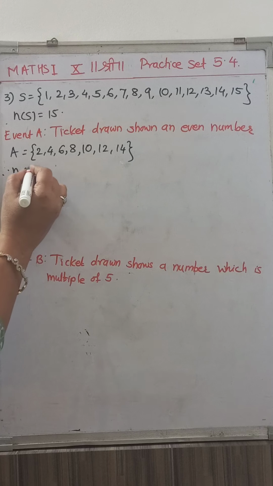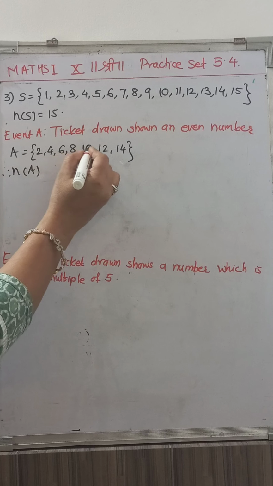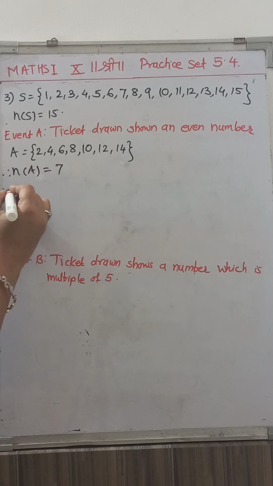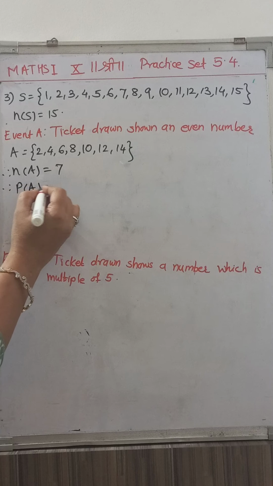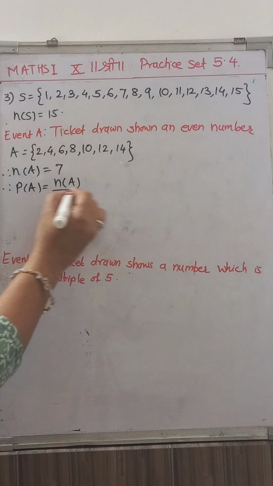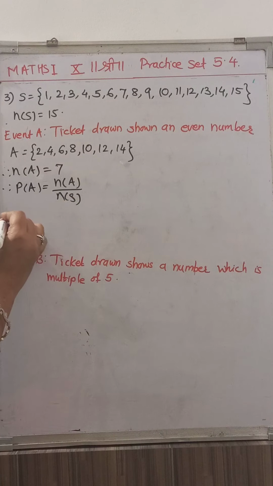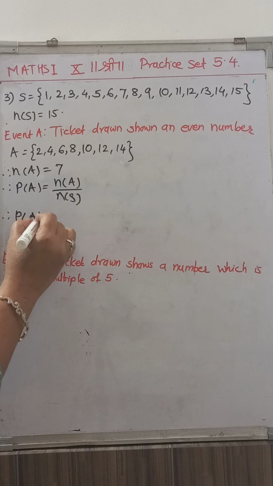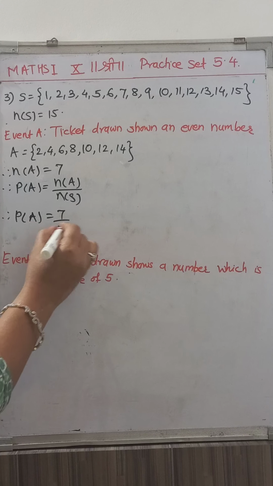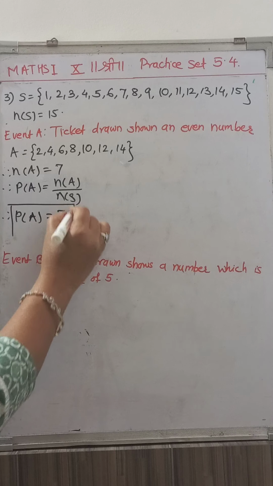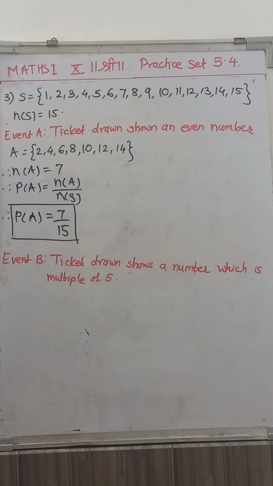Therefore N of A is equal to 7. Therefore P of A is equal to N of A upon N of S. Therefore P of A is equal to 7 upon 15, and so probability of event A is 7 upon 15.